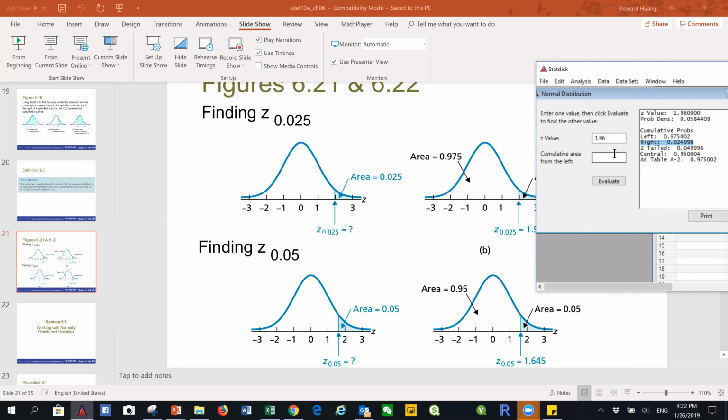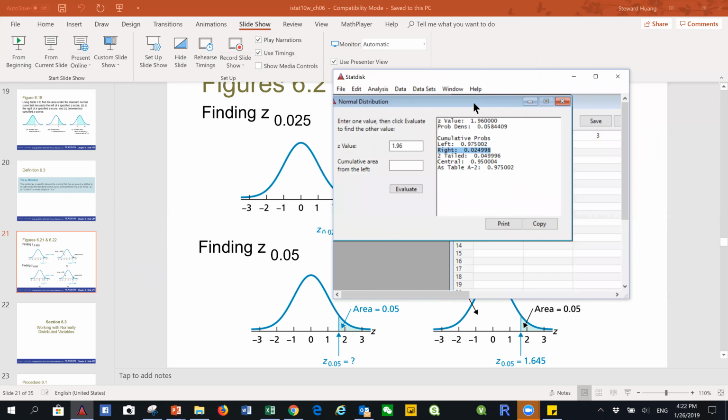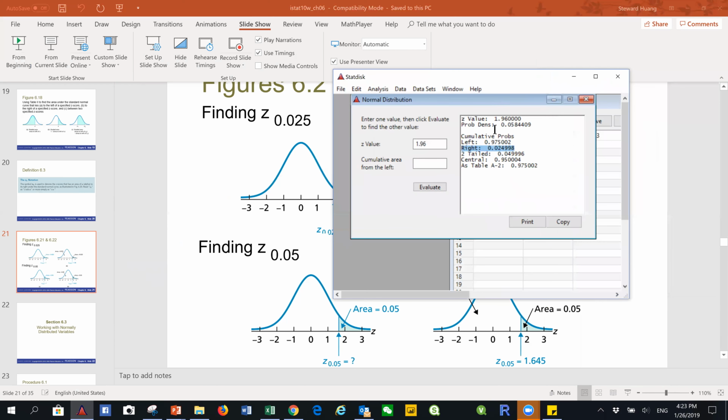And if you don't know the value, you use the probability, and you can calculate the value. This is called backward. So with this, you can calculate the probability or the value, one way or the other.